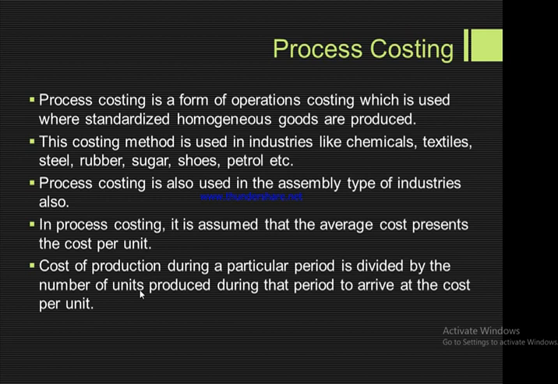So the definition looks a bit complex, but in simple words, if a particular product is undergoing different processes, at each process there may be an addition of direct material and labor, and then the output of each process.